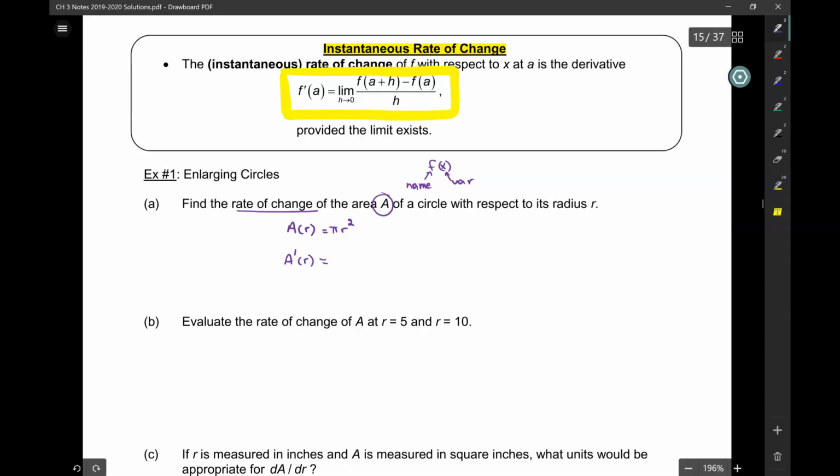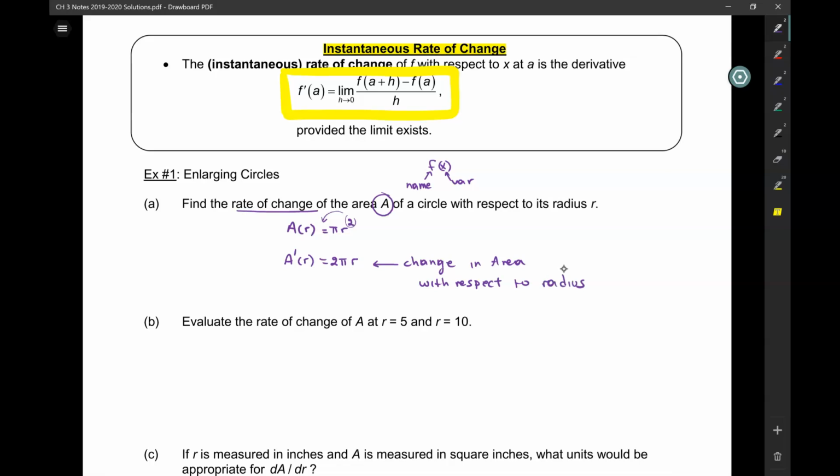And now I just need to take a derivative of this using my power laws. The 2 will come down. 2 times pi, pi is a constant, r to the power of 1. That's all you need to do. Okay? This is the change in area with respect to the radius.